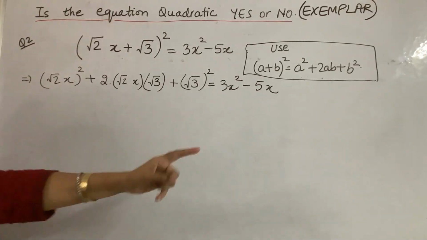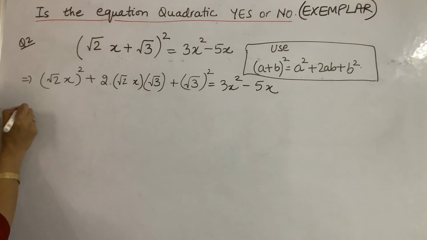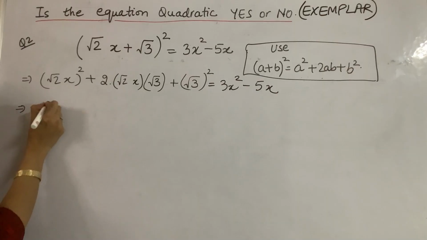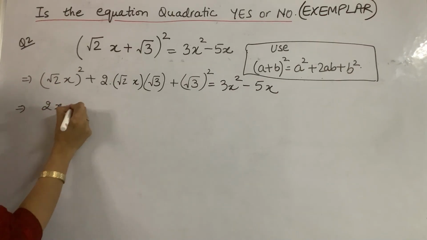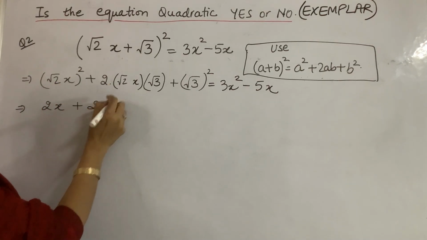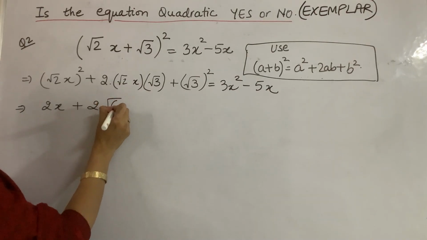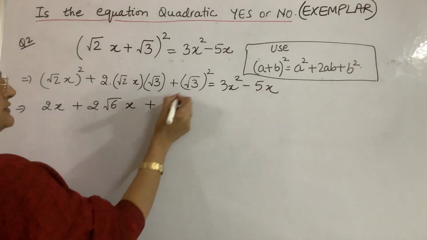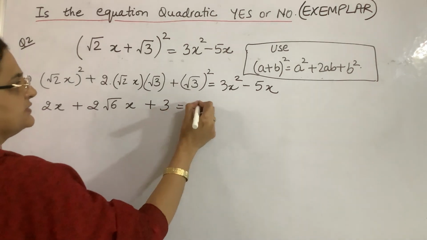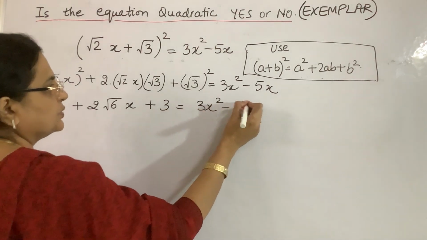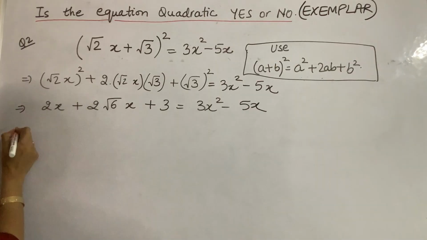Agreed? Now let us open this bracket. When we open this, root 2 square is 2, x square is x, plus this is 2, root 2 into root 3 is root 6x, plus root 3 square is 3 is equal to 3x square minus 5x.